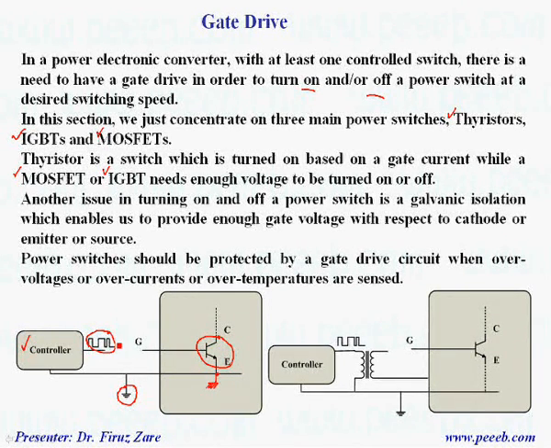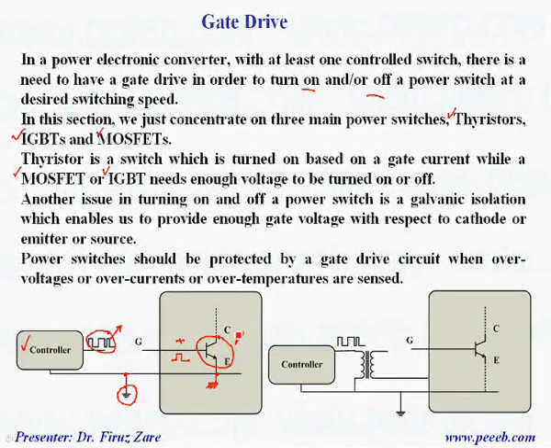So if the voltage level is enough, we may turn the switch on and off without any problem, because to turn on and off a switch like a MOSFET or IGBT, we need to provide positive voltage with respect to the emitter. Because the emitter is connected to the ground and we already have positive voltage, in this configuration we are able to turn the switch on and off.